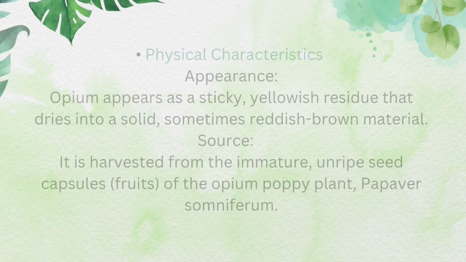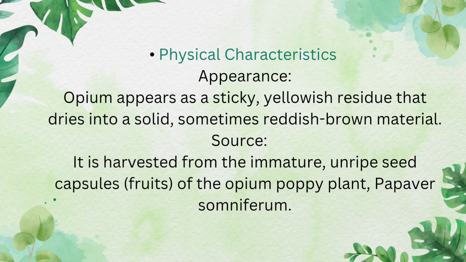Physical characteristics. Appearance: opium appears as a sticky yellowish residue that dries into a solid, sometimes reddish-brown material. Source: it is harvested from the immature unripe seed capsule of the opium poppy plant, Papaver somniferum.